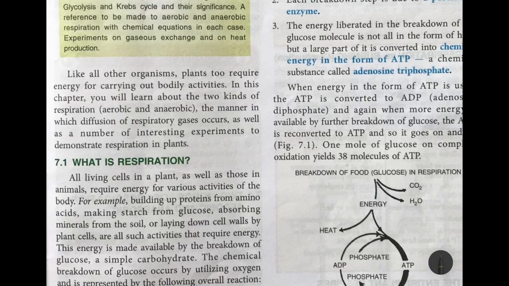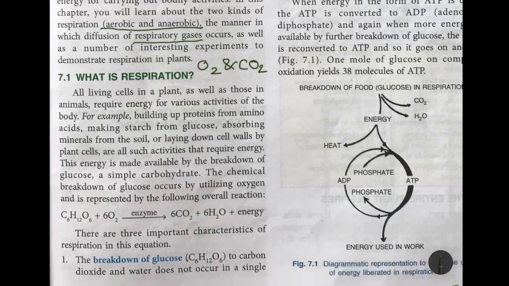There are two types: aerobic and anaerobic respiration, and how the diffusion of respiratory gases takes place in plants. When we talk about respiratory gases, we are talking about oxygen and carbon dioxide. And of course we will be learning about some interesting experiments also to show respiration in plants.